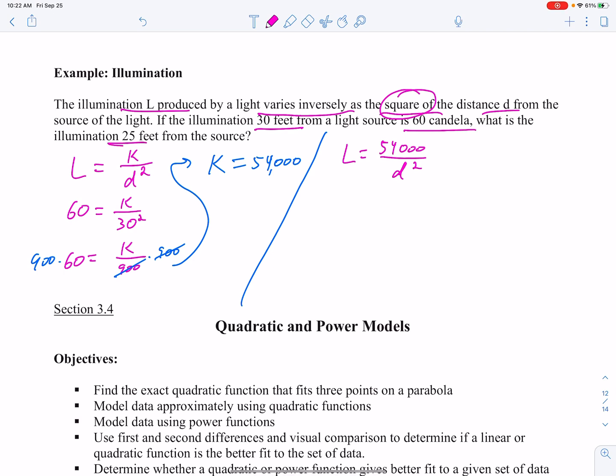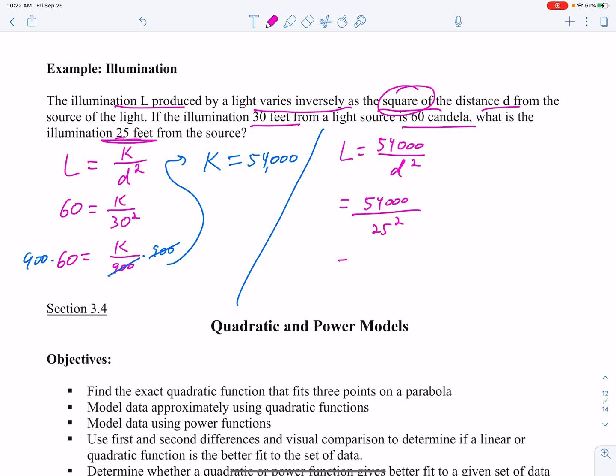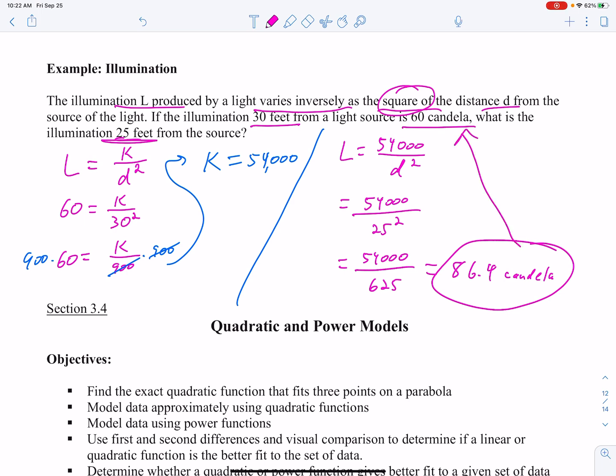Now the question says, what's the illumination from 25 feet away? So that's 54,000 over 25 squared, which is 54,000 over 625. Punch that into a calculator, you get 86.4 candela. That's the unit they use for the illumination.